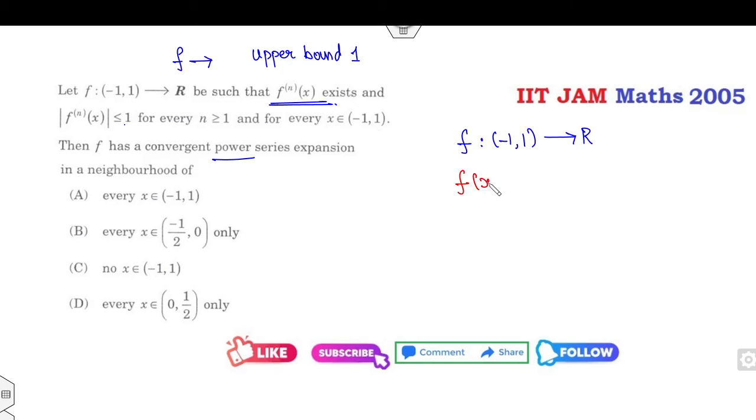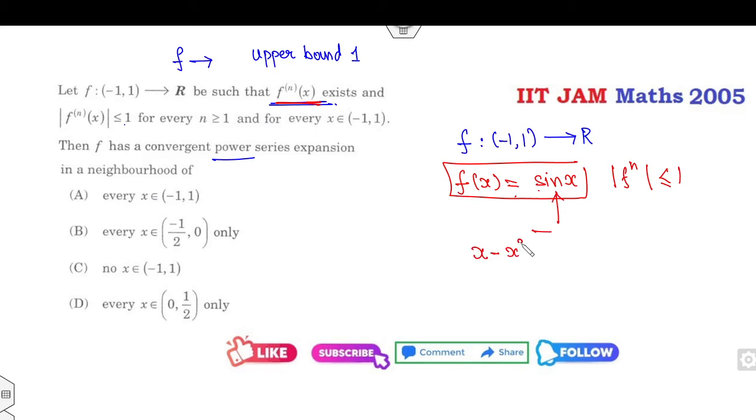So if I consider the function sin x, for example, definitely the nth derivative exists over the domain -1 to 1, and the nth derivative is also less than or equal to 1. So this function satisfies this property. Now, can you write this as a power series? Yes, you can write x minus x cubed over 3 factorial and so on.